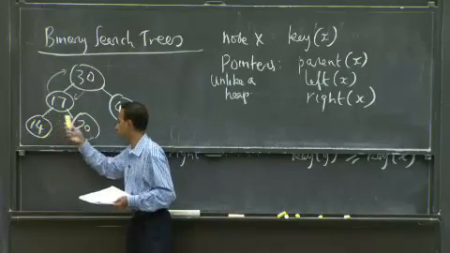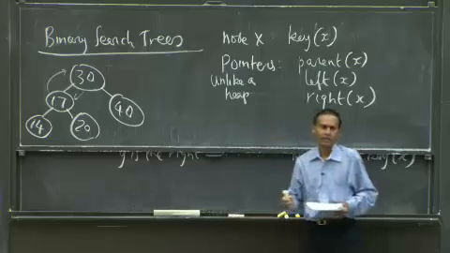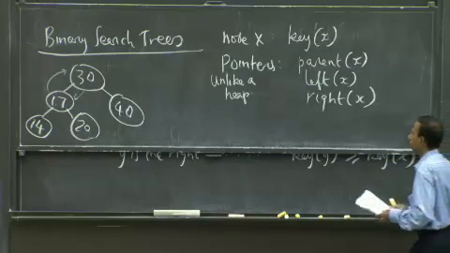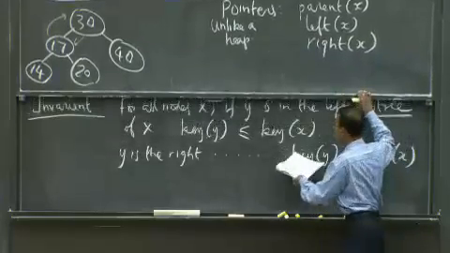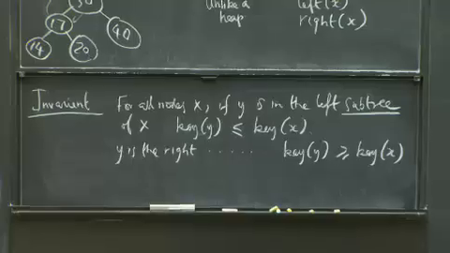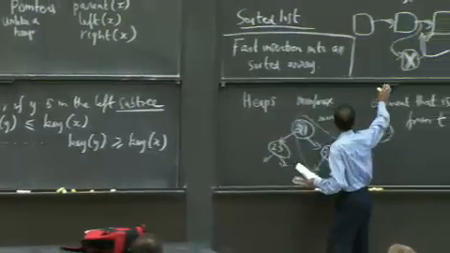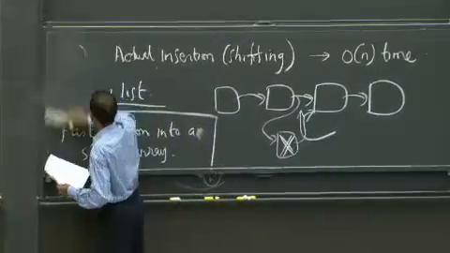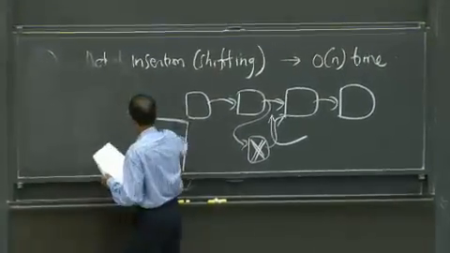And you see that 14 is less than 17, and 20 is greater than 17. OK? So that's the BST. That's the data structure. This is the invariant. So let's look at why BSTs are a possibility for solving our runway reservation problem. And what I'll do is I'll do the insert.